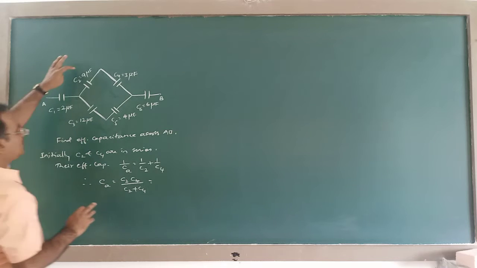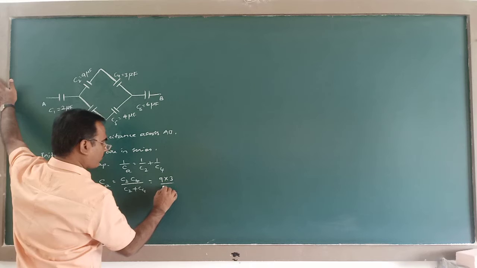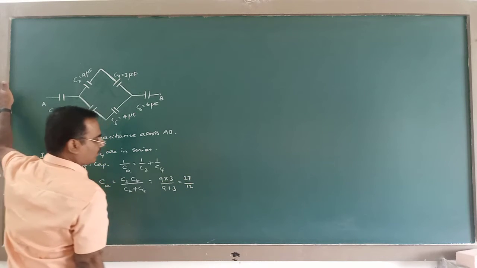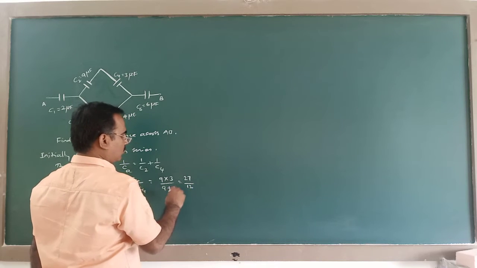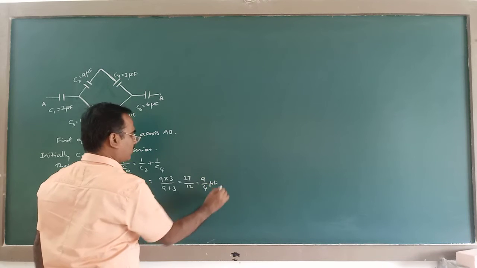So C2 is 9 and C4 is 3: 9 into 3 divided by 9 plus 3, 27 by 12. So it becomes 9 by 4 microfarad.